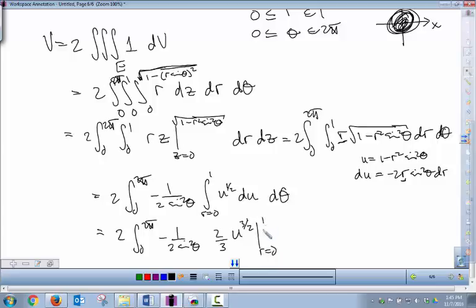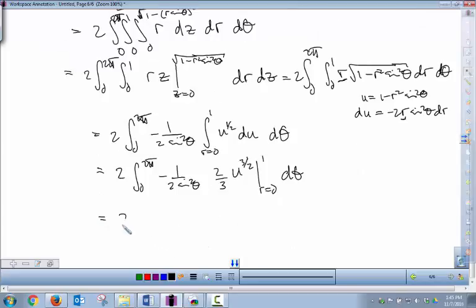I'm keeping the r limits here because I'll change everything back into r. Probably should have canceled some of this. So I'll cancel the 2 and make this a 3, the 2/3. And then I have u, which is equal to 1 minus r squared sine squared theta, to the 3/2.